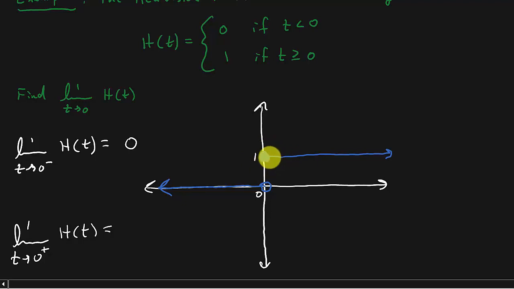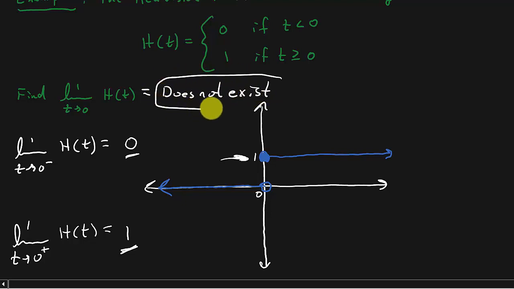It's approaching 1. See, I'm getting closer and closer to a y value of 1. So we would say that is 1. Now, do you see how the limit from the left and the limit from the right don't equal each other? So that means this does not exist. And so that would be your limit.